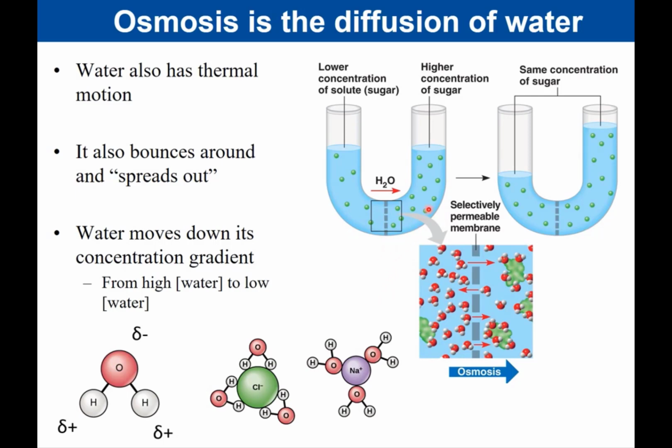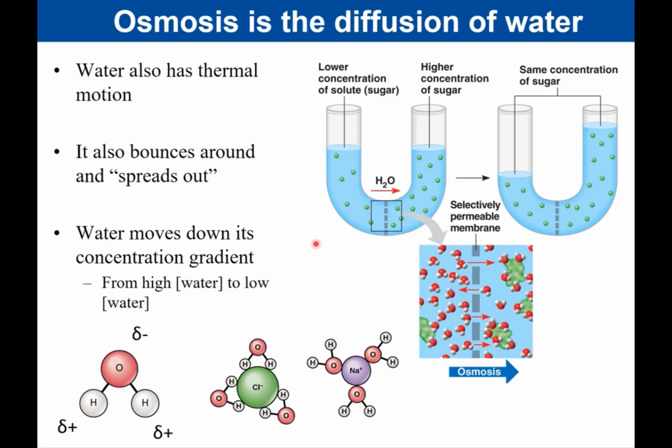To think about which way the water will move, wherever we have a higher solute concentration, wherever that solute's present, water is going to be attached to it. And if you remember, the solute can't cross the membrane. So on this side where we have more solutes, we have less free water because the water's not free to move. It's bound to the solute.